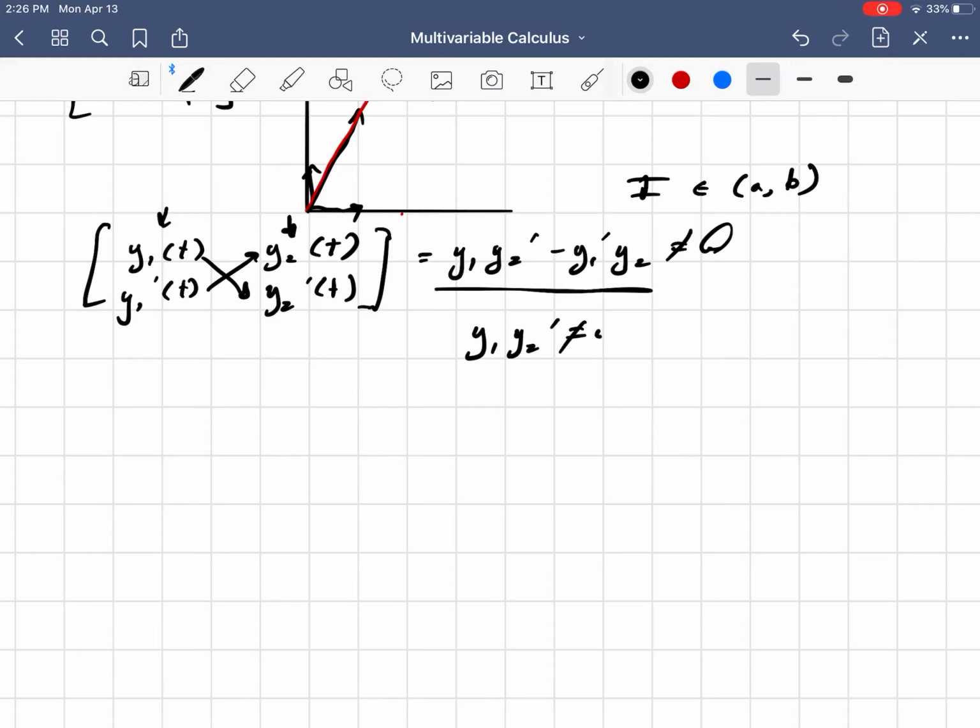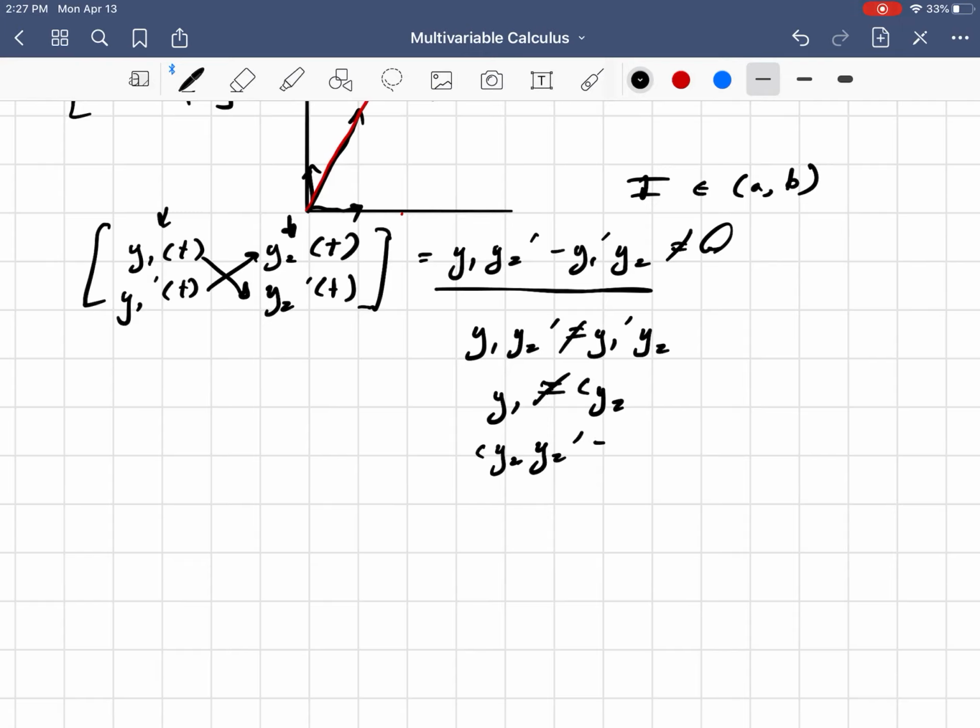And if we have this as our determinant, then that would mean y sub 1, y sub 2 prime cannot be equal to y sub 1 prime, y sub 2. And that would imply that y sub 1 cannot just be some constant times y sub 2.